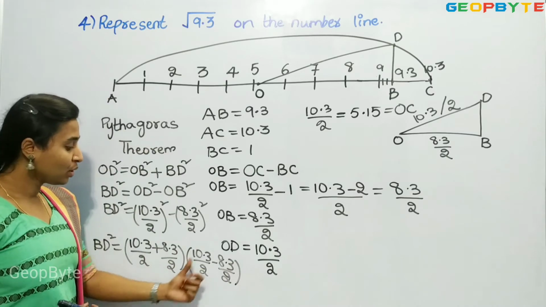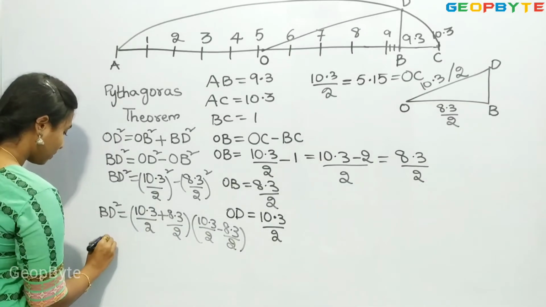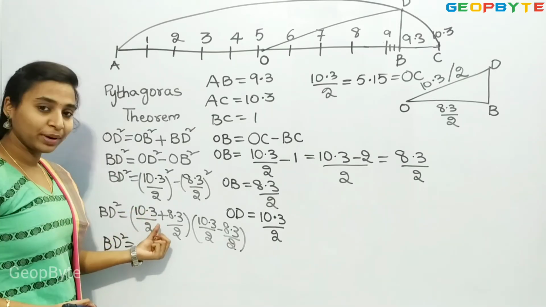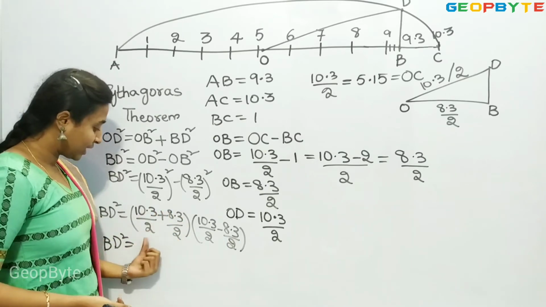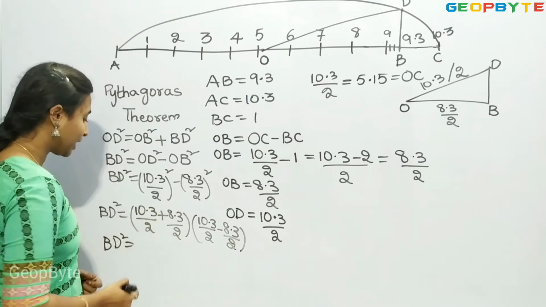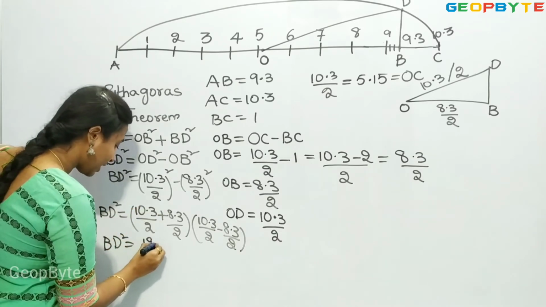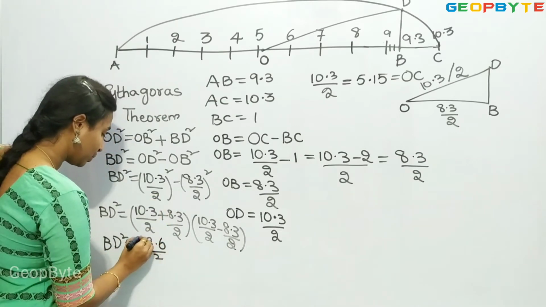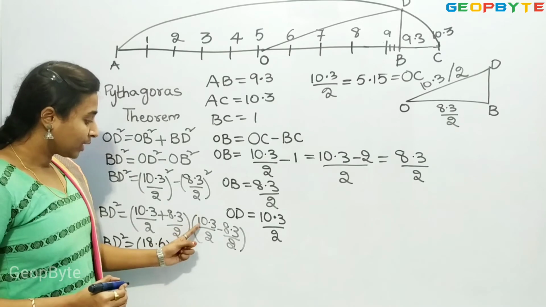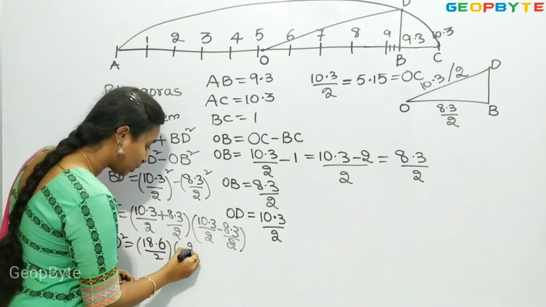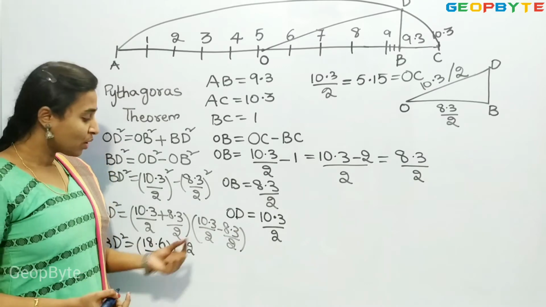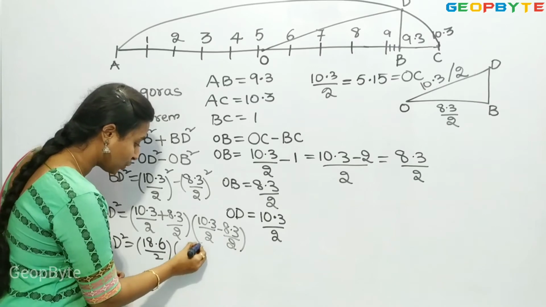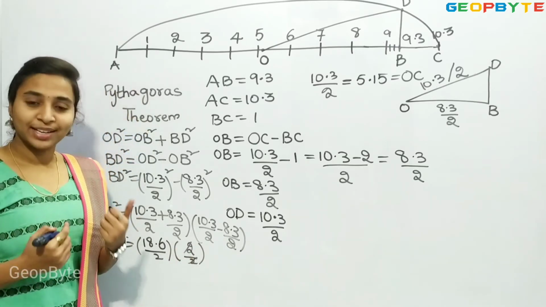We have the same LCM, so let us add numerators: 10 plus 8 is 18, 3 plus 3 is 6, so 18.6 by 2, into 10.3 minus 8.3 is 2, with LCM 2. So 2 cancels, and it is nothing but 1.